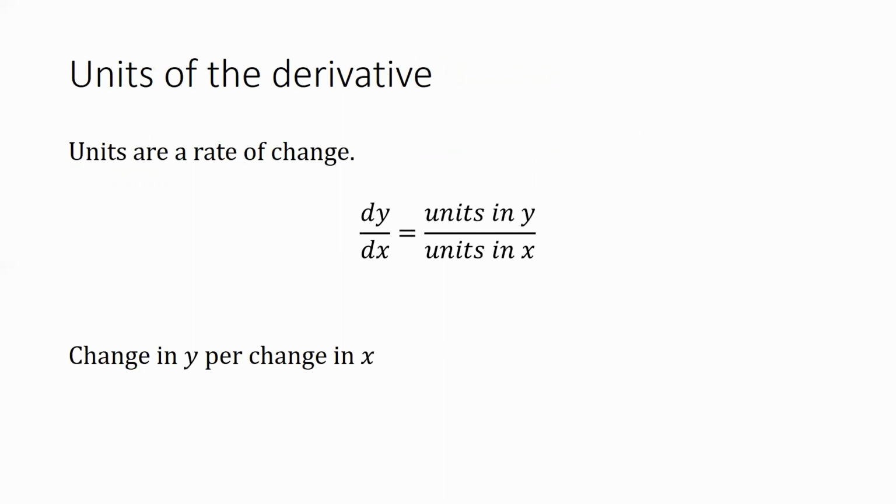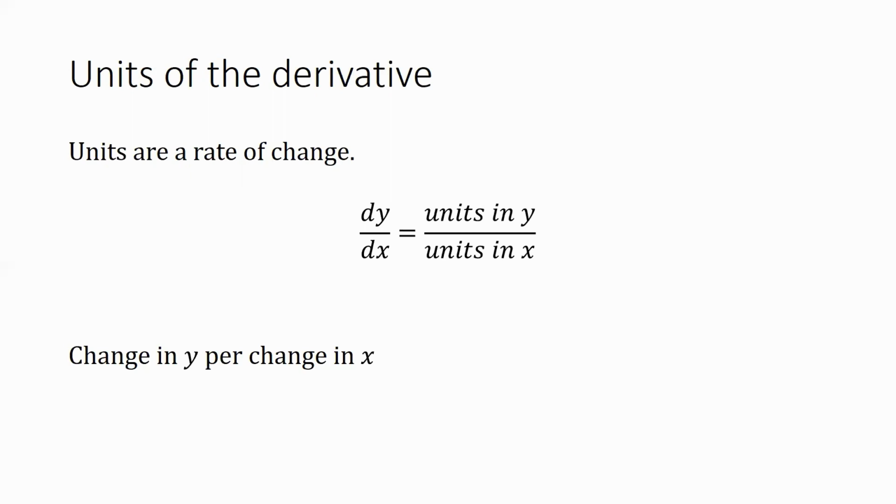So we're going to look at interpretations of the derivative using those rates of change. So we use the understanding that a derivative is an instantaneous rate of change, and we're going to look at how that can be applied in different scenarios.